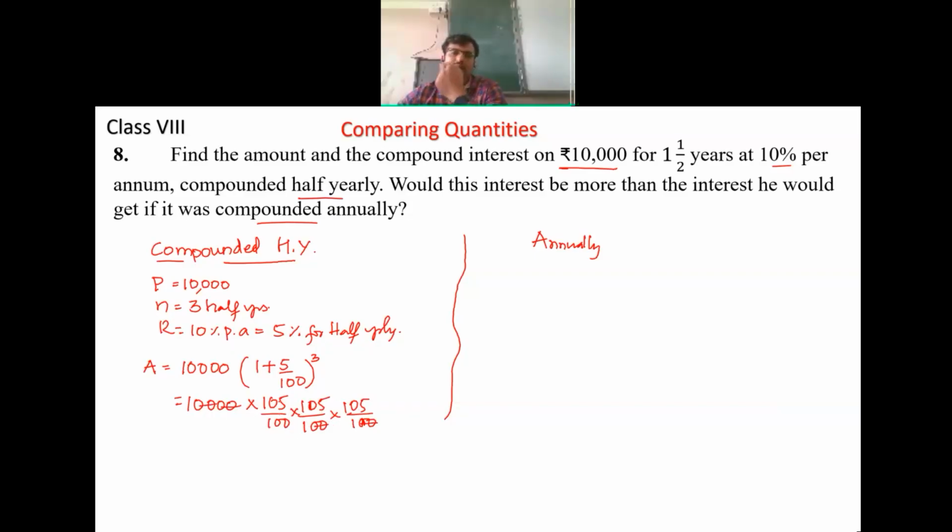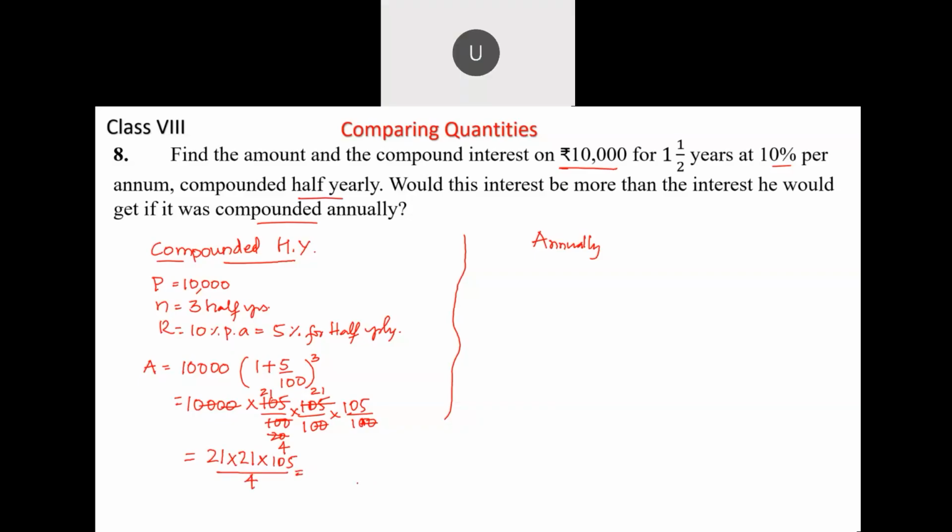Now this can be simplified as 21 by 20. 5 4 times is 20, 5 21 times. Further we cannot do anything. We have to multiply 21 with 21 with 105 upon 4.